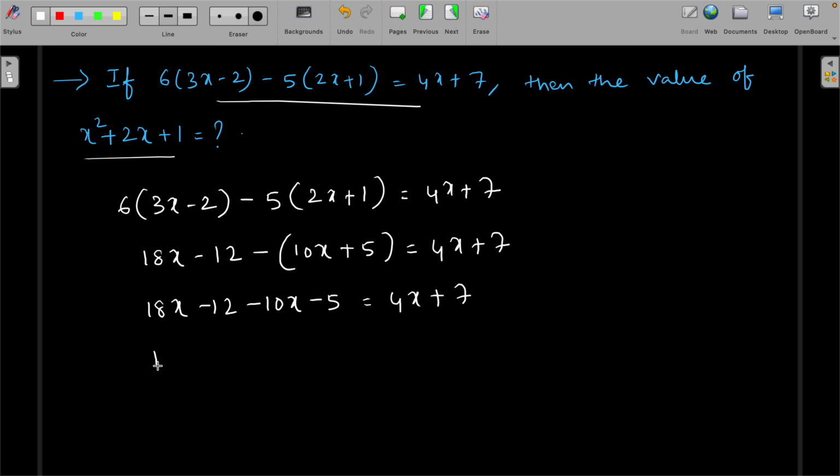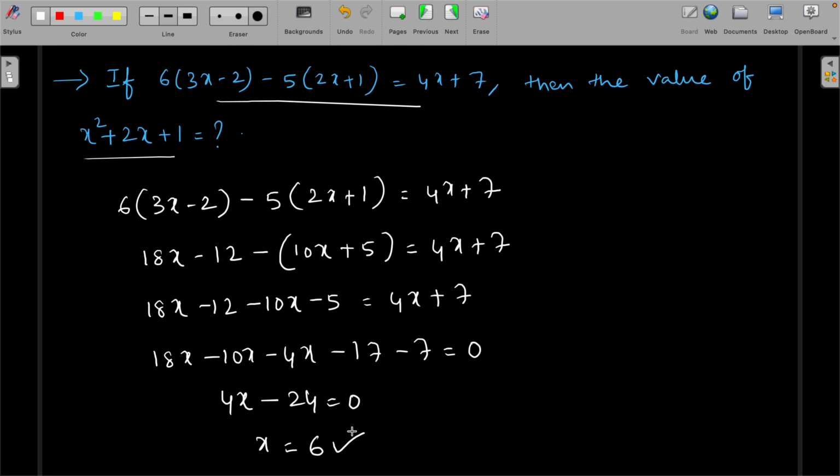This is 18x minus 10x minus 4x minus 17 minus 7 equals 0. This is 4x minus 24 equals 0. x equals 6. Now we will substitute 6 here to get the answer.